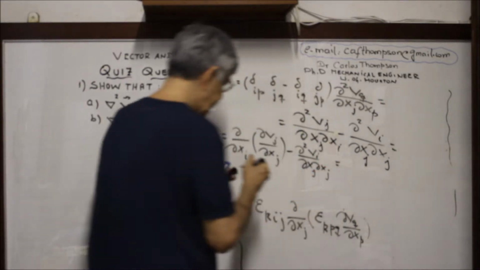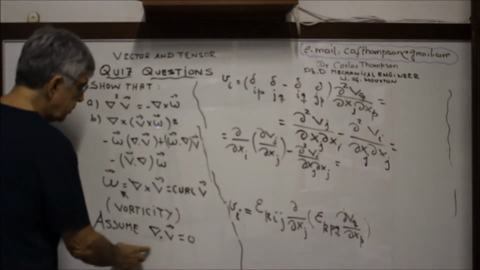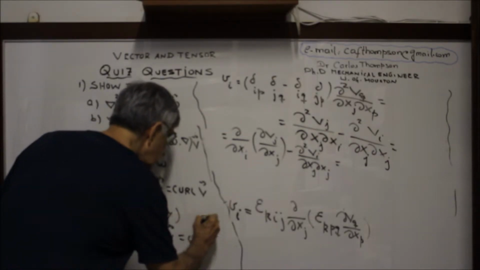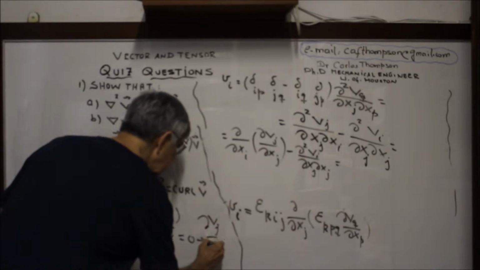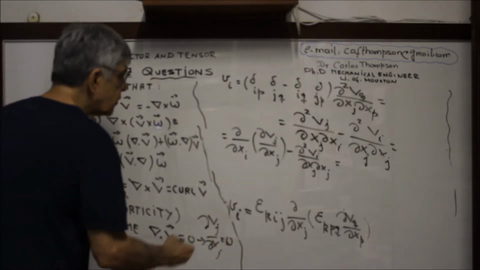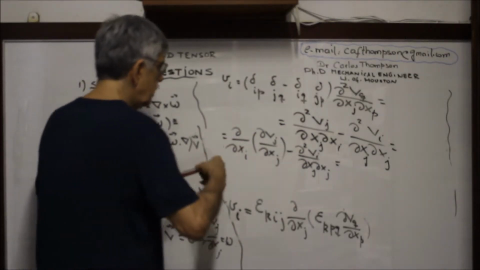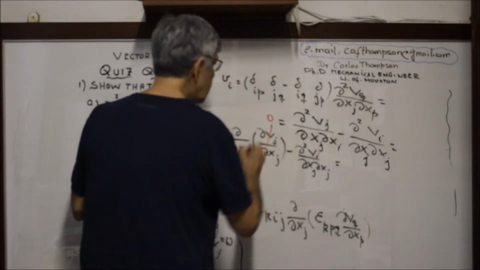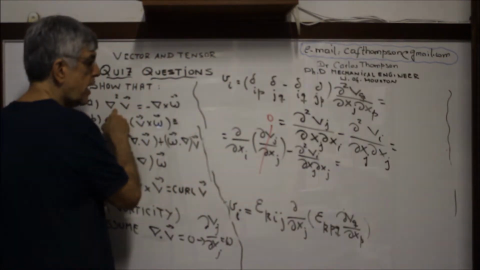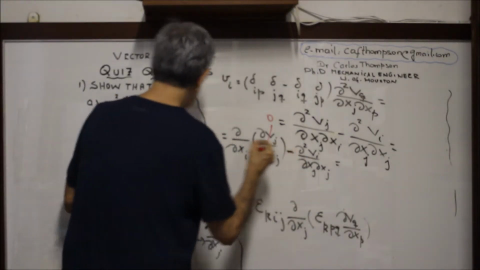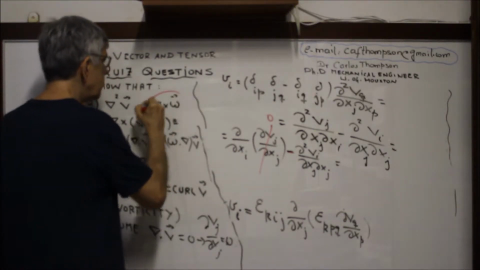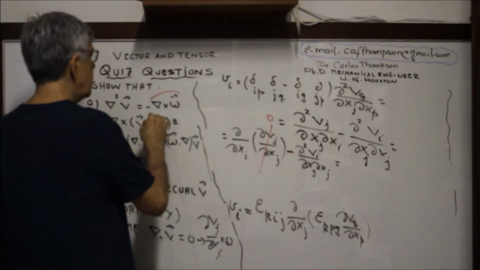Now, since we assume the divergence of V is equal to 0, what is the divergence of V? It's the partial of Vj with respect to xj, equal to 0. So this term over here will be 0. So this is exactly the left-hand side. This is minus over here. If we develop the whole thing, this will be minus.